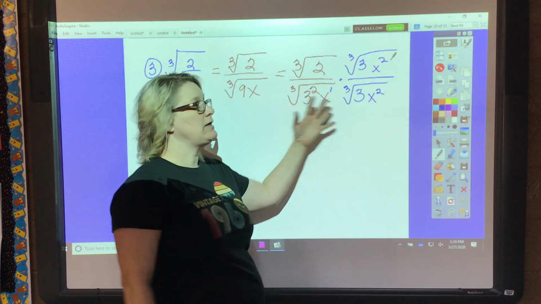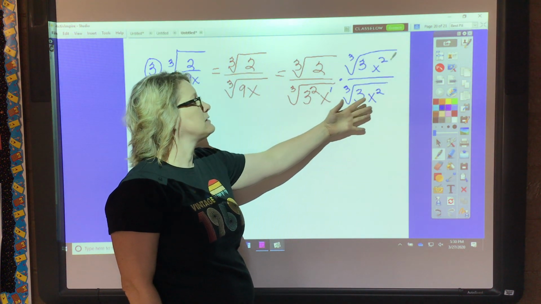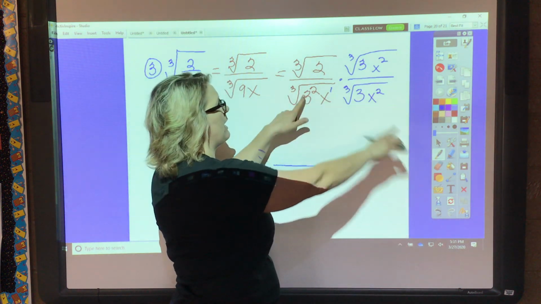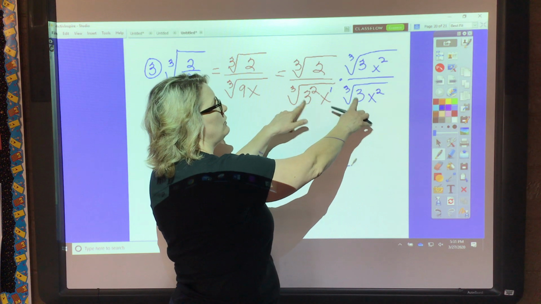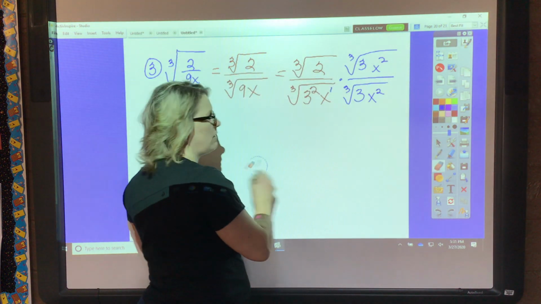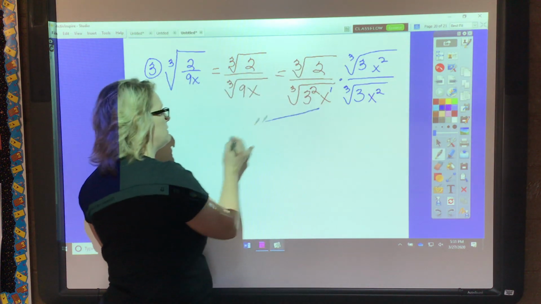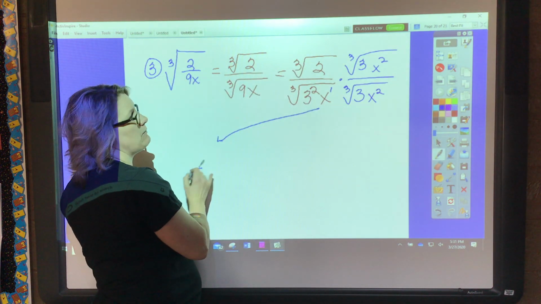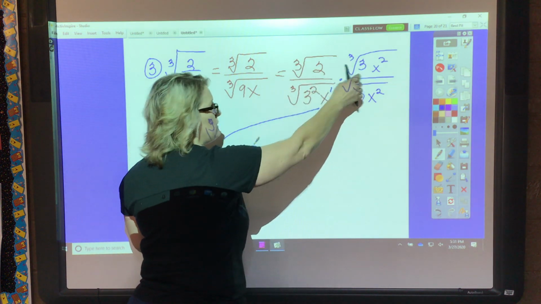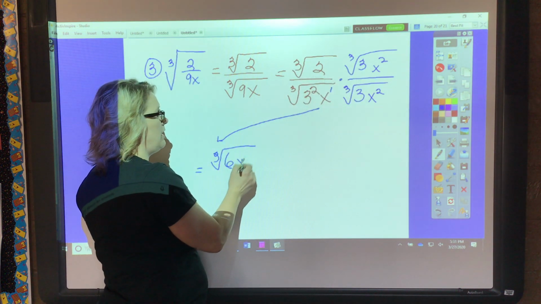Okay, once I've done that, as I come and I multiply the bottom, I have 3 cubed, cube root of 3. Well, you know what? I'm going to back up, guys. I think I'm going to write it all out so you can see it. Let me write this down here. So as we do this problem, we have the cube root of 2 times 3, which is 6, x squared.